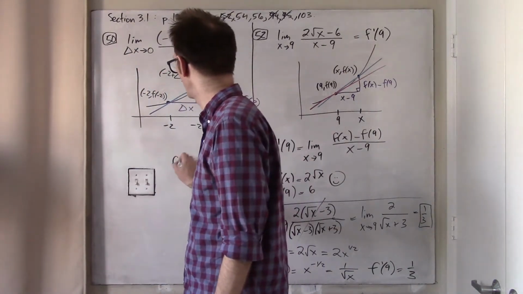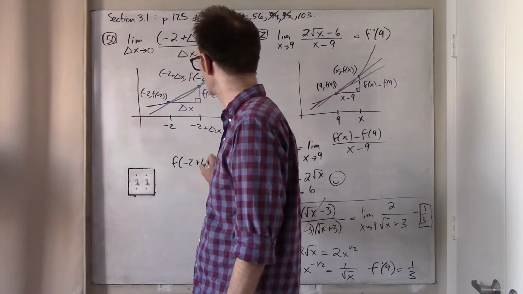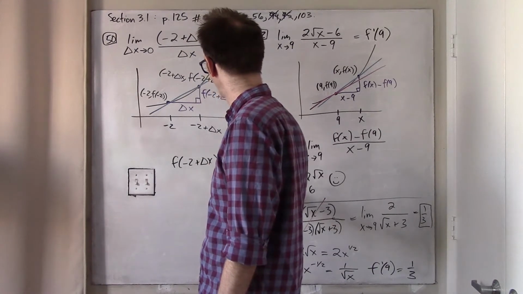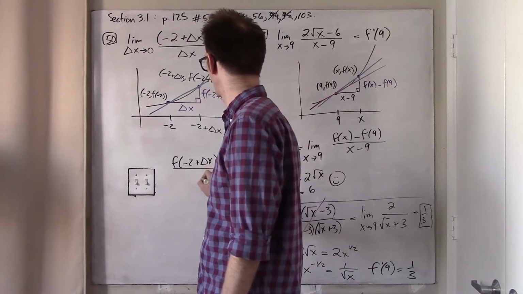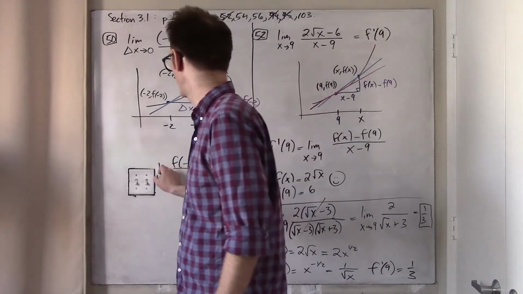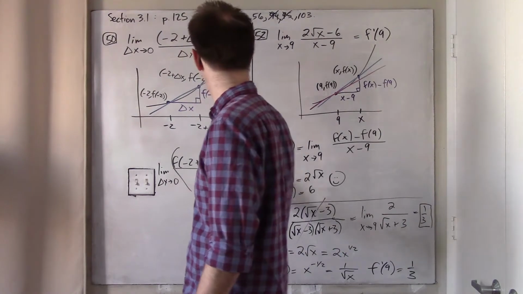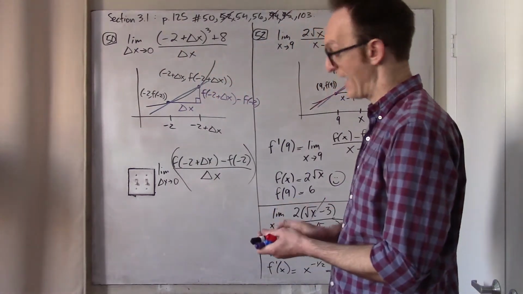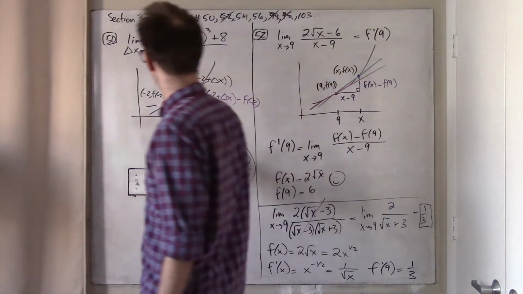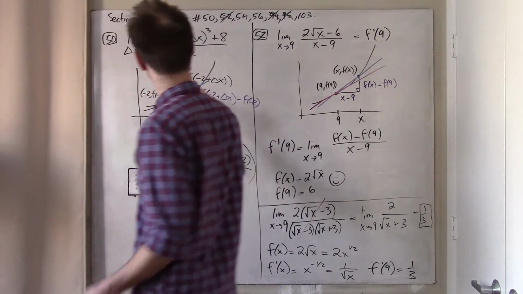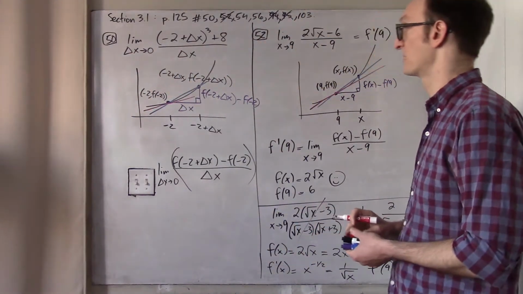It's just f of -2 plus delta x minus f of -2, all over delta x. And if I take the limit as delta x goes to 0 of this whole thing, that's going to give me the slope of the tangent line, which is what happens when the 2 points move infinitely close together.